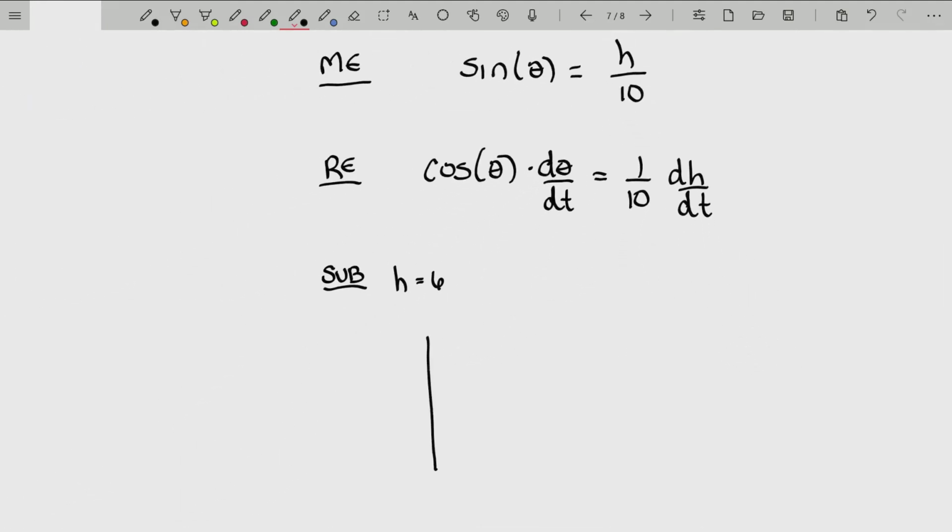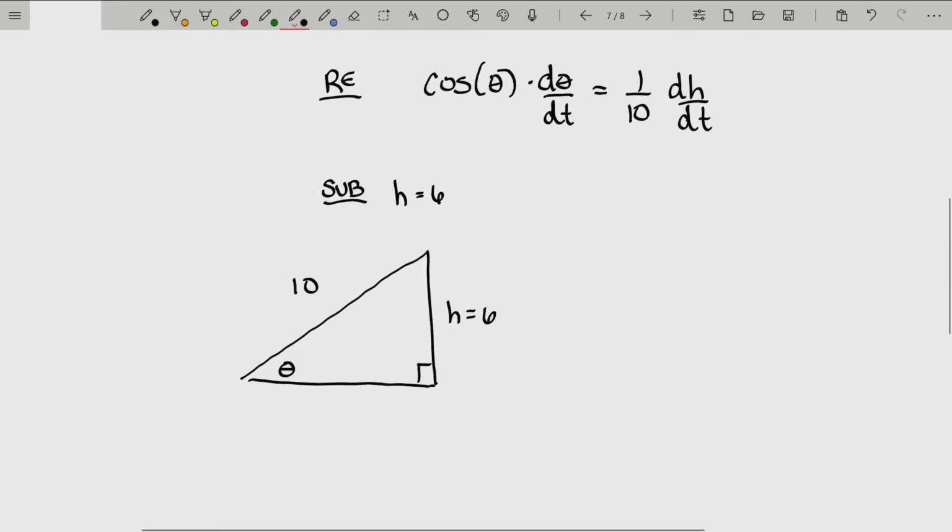However, we have a right triangle. And if we let this h equal 6, you can find out what theta is. Actually, you just use the Pythagorean theorem to find out what this missing side down here is, so you can find the cosine of theta. By the way, the other thing we can sub in is d theta dt. That's pi. We've calculated that earlier.